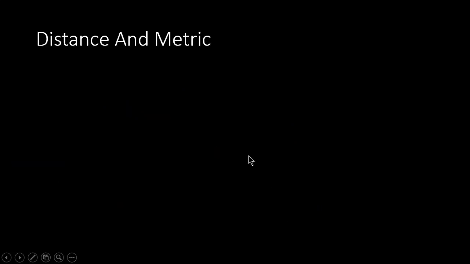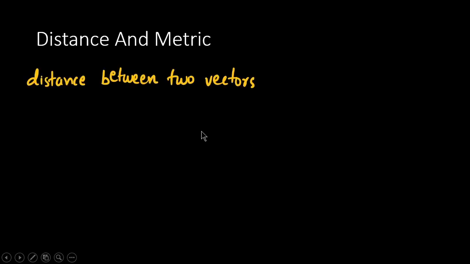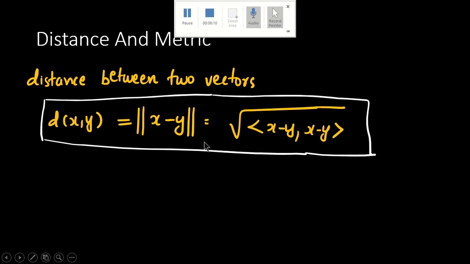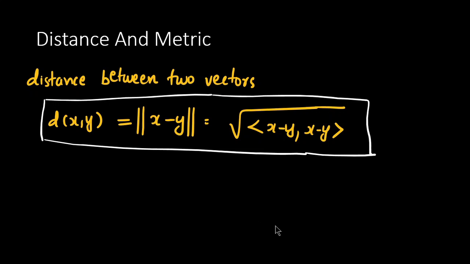Then distance and metric. Distance between two vectors, how do we calculate it? It is calculated like this: distance d of x, y is equal to the norm of x minus y, which is equal to the square root of the inner product of x minus y with x minus y.